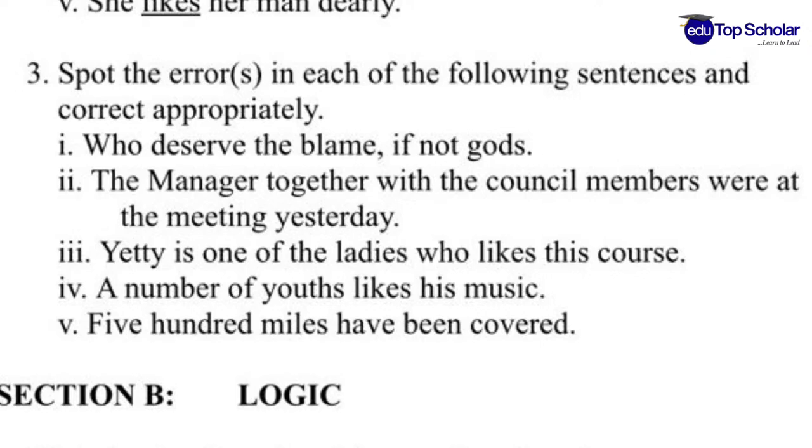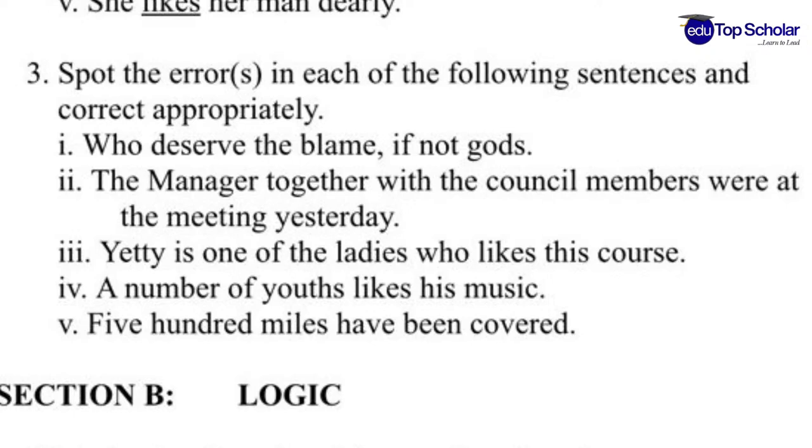Whenever you mention a number of, you notice that the noun that will come after it is going to be a plural noun, and that's why we have youth. So it's going to be treated as a plural subject. So we have a number of youths like his music, not likes his music. So when you have a number of, treat it as a plural subject.